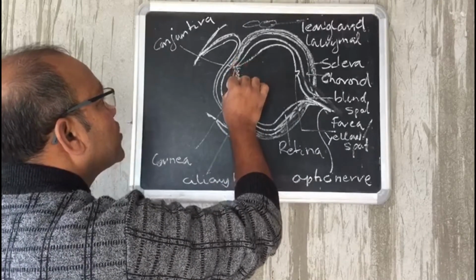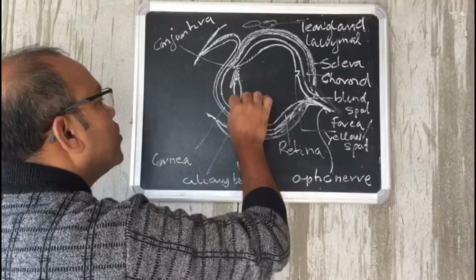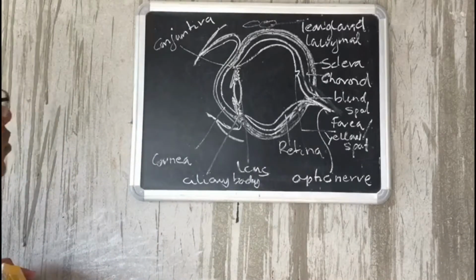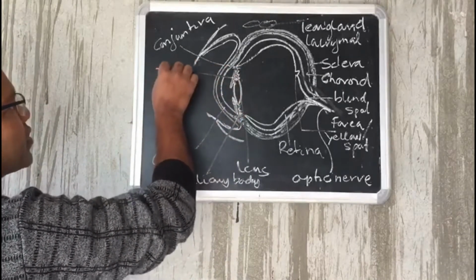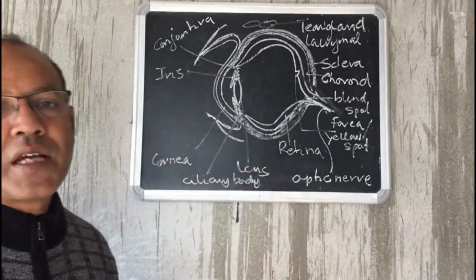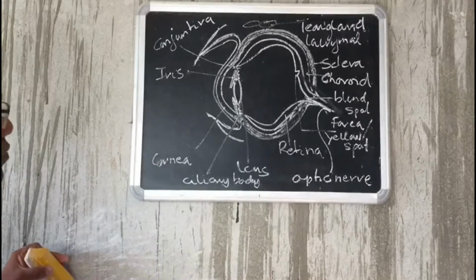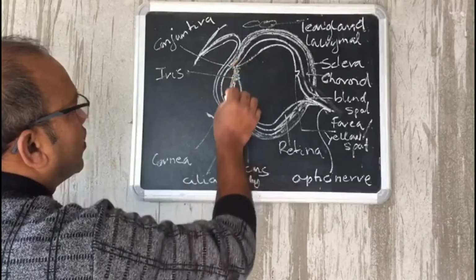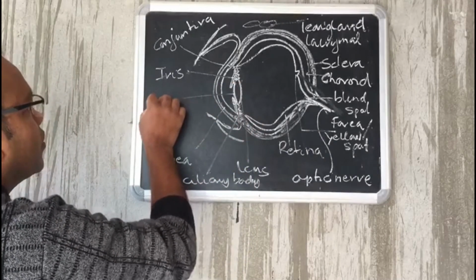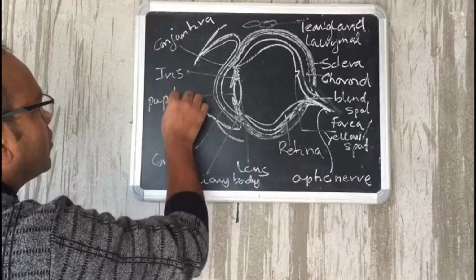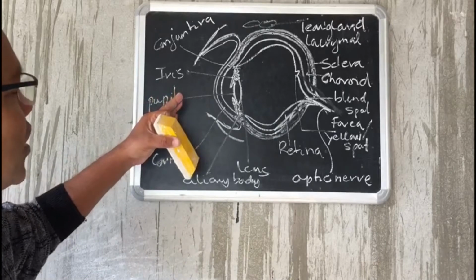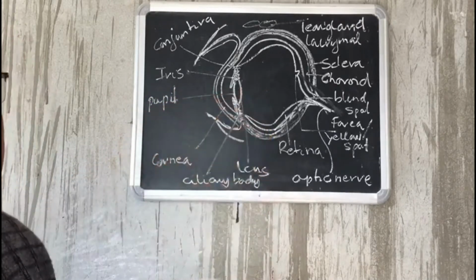Then in front of the lens we have a structure which controls the entry and exit of light into the eye. This is called the iris. Then at the center of the eye we have the pupil. The size of the pupil is controlled by the iris, and it is through this that the light actually enters the eye.